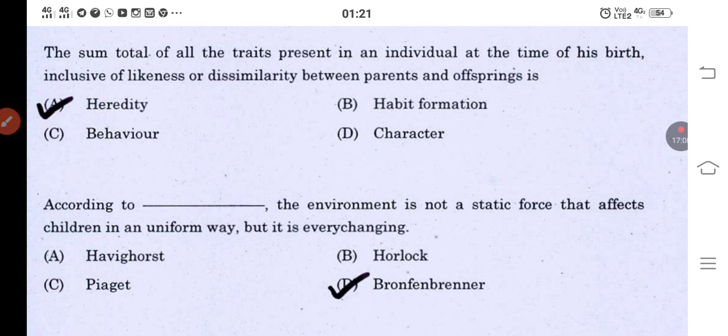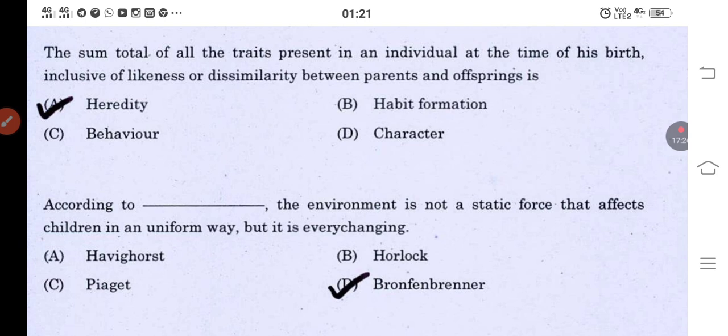Totally he has given 8 tasks, so we should memorize those 8 tasks, then only we will be able to answer this question. Now coming to Hurlock, he has given developmental psychology, or we call that the development theory of Hurlock. Next is Piaget. Piaget's theory is related to cognitive development.